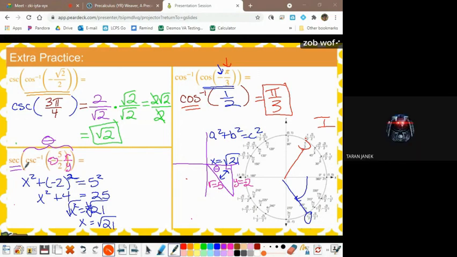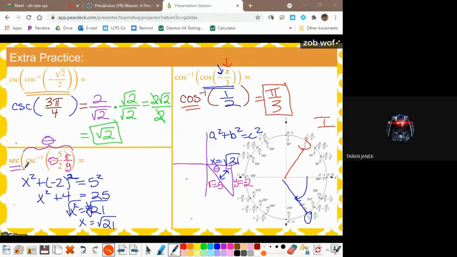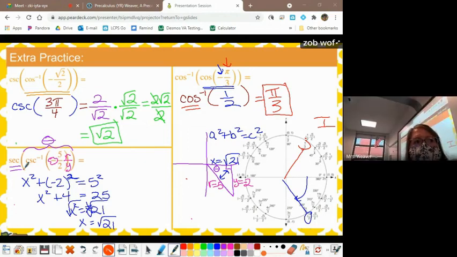Secant is the reciprocal of the x value. Right. So it's the reciprocal of cosine.